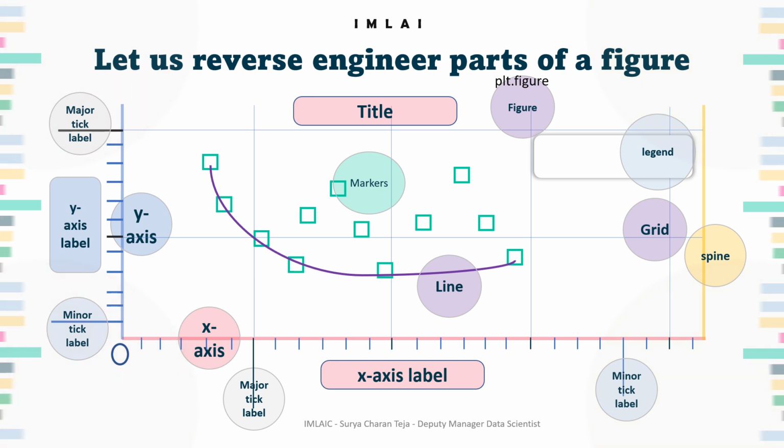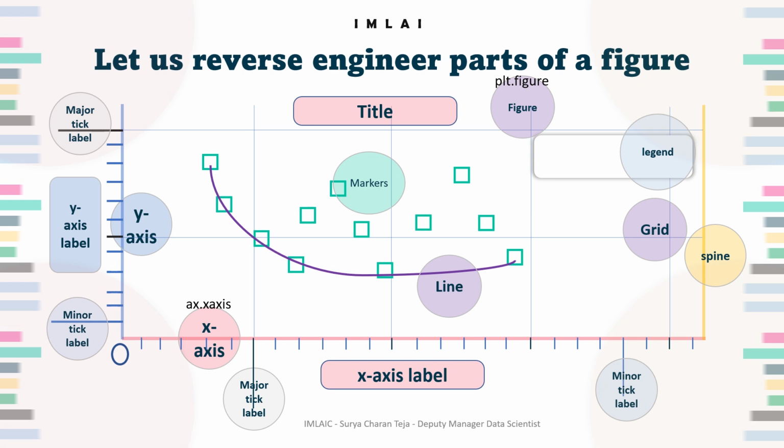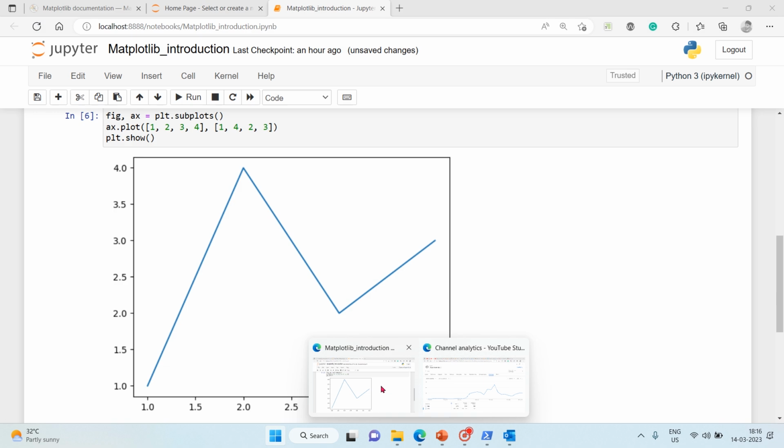Okay, then after the figure, we have the x-axis. For the x-axis that we have used earlier, it's ax dot x-axis. Ax is the variable to which the figure object has been assigned. Let me show you that.